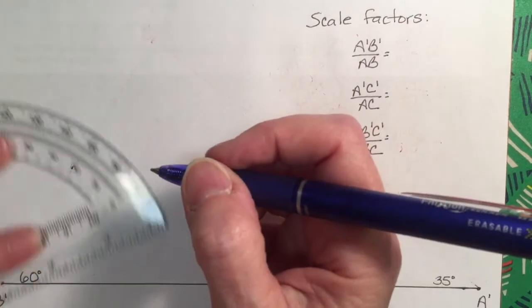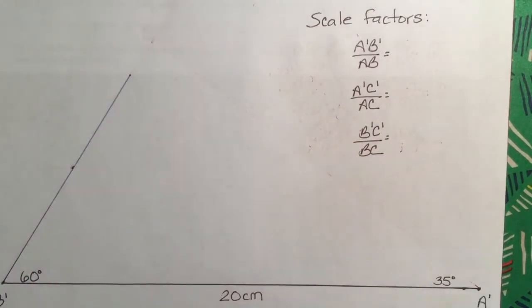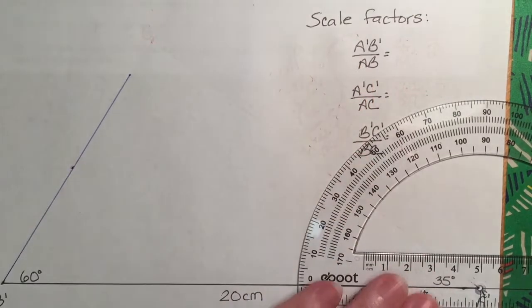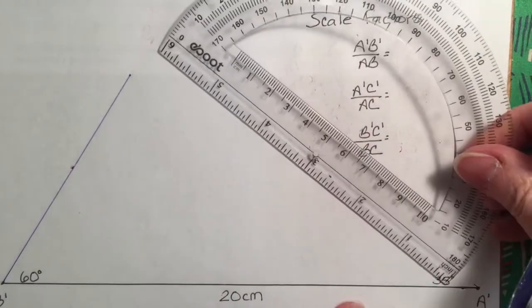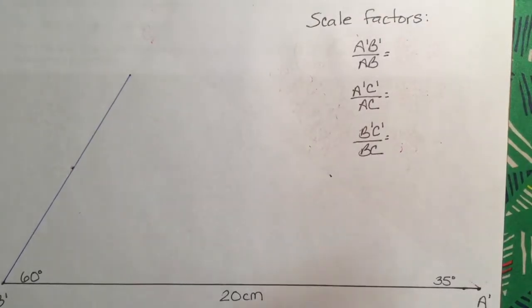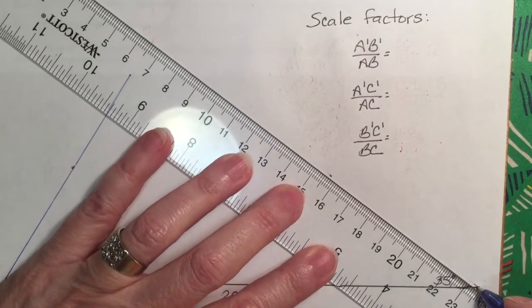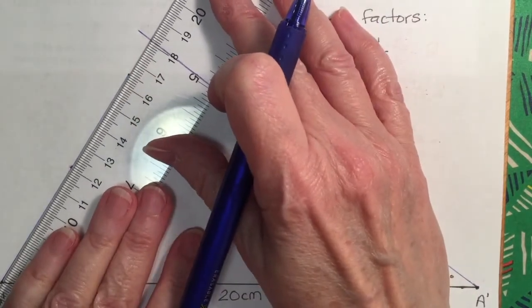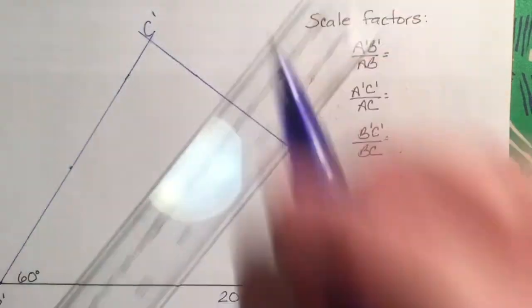There's my 60 mark. From this side, 35 degrees. There's my 35 mark. I think I need a bigger ruler. Okay, it's a big triangle, 35 degrees. It goes up like that. Gotta connect it. There, and there's our C prime.